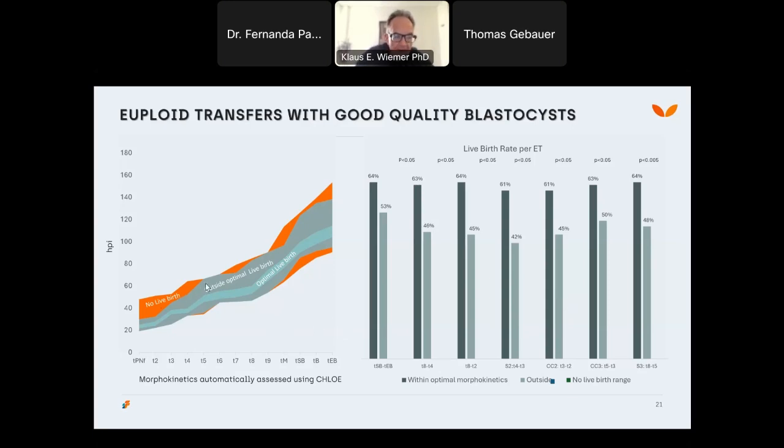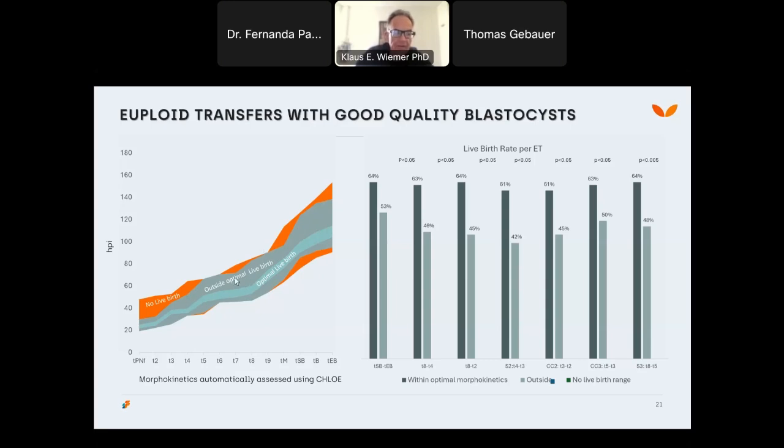Which then gave us this concept that, if we look at the margin of this graph here, we can see that morphologically, euploid embryos can develop within a really wide tolerance of morphokinetic events. However, if these events occur too far on the outside, we see that even though these embryos are good looking and they're euploid, none of them resulted in a live birth.